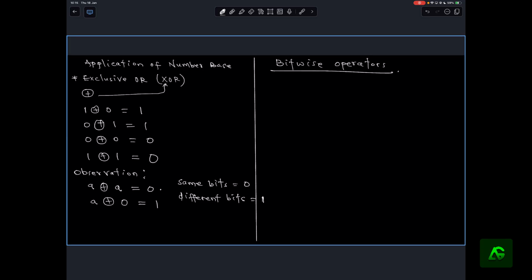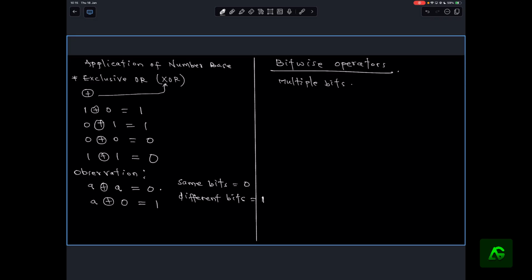Bitwise operators are introduced in a scenario where we have multiple bits that we want to carry out a certain operation on.